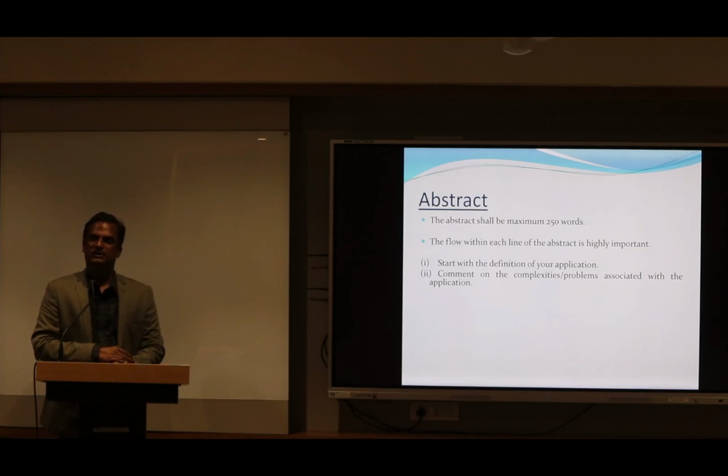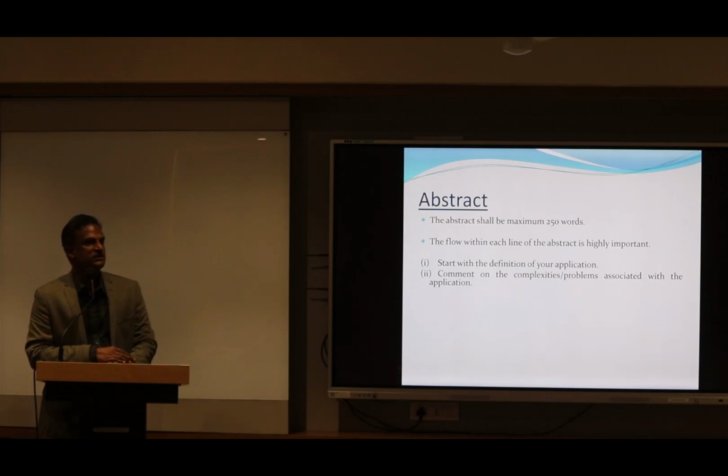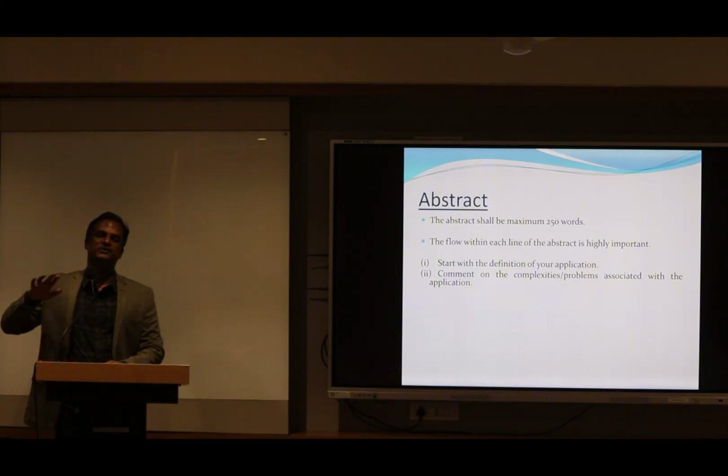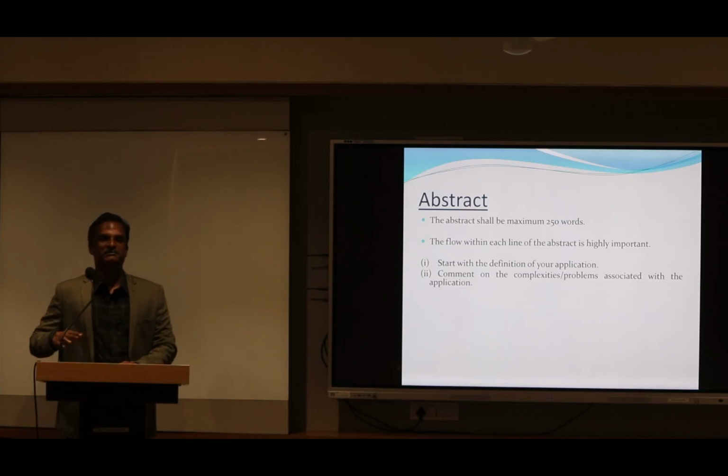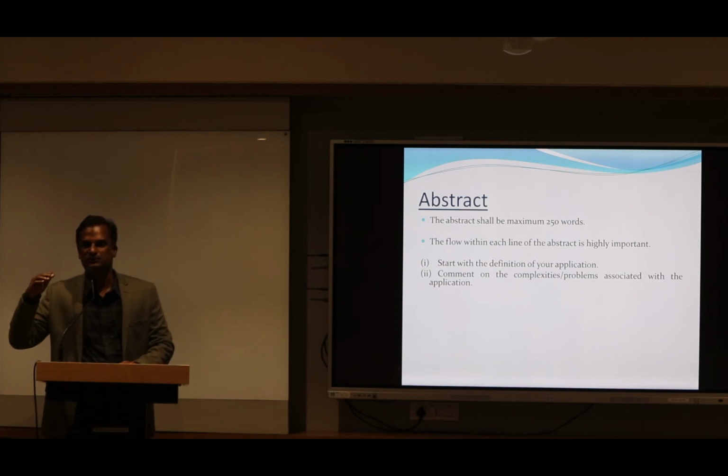You do not have any problem statement with you. You will generally write improving the accuracy of the application, right? Improving the time convergence of the application, which is not acceptable for a Q1, Q2 journal.